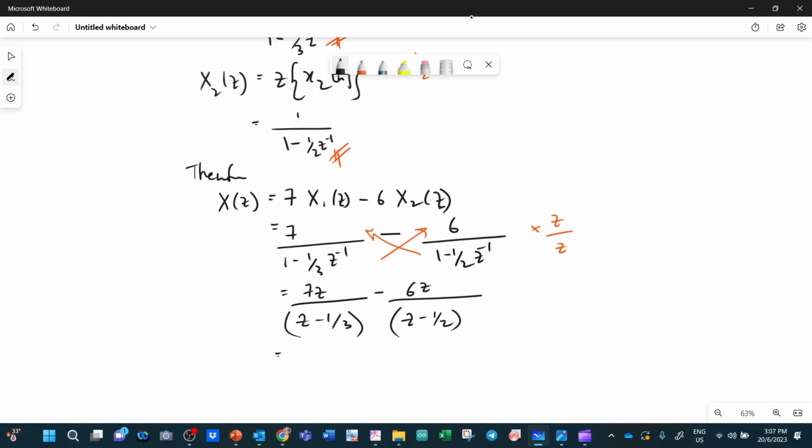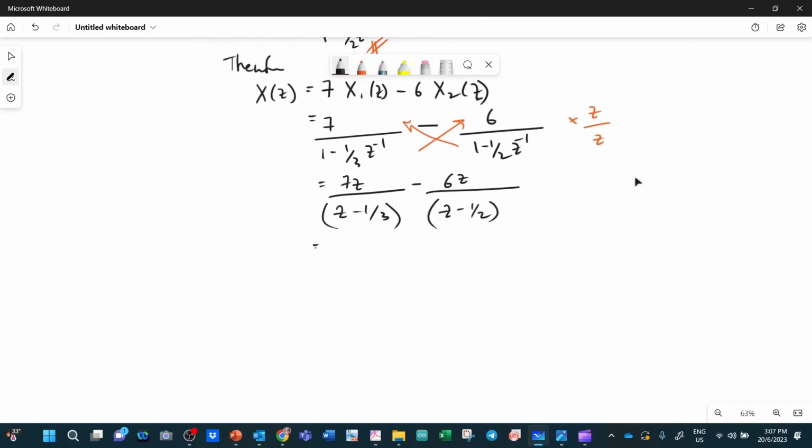Okay, so after this we need to actually expand it so that it's left in the z transform.